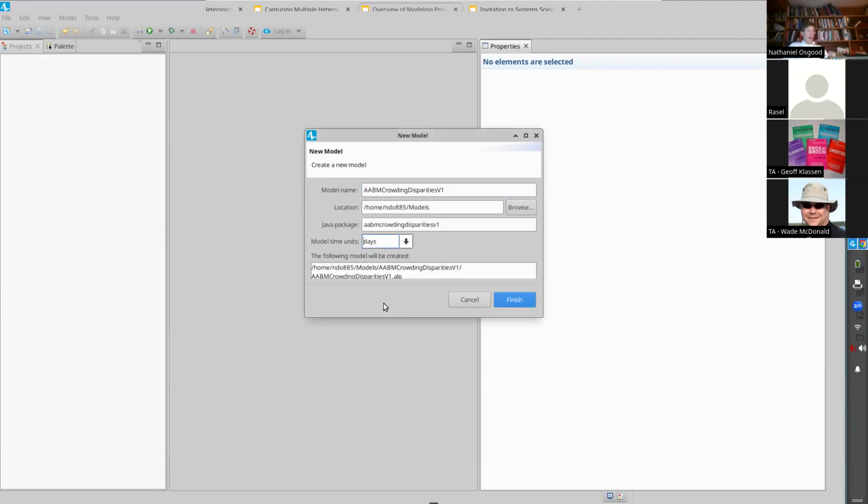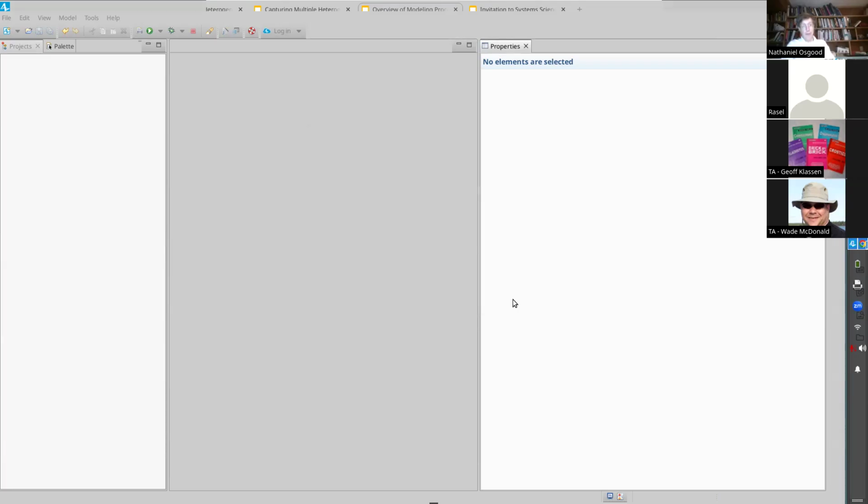So that means 1.0 amount of time, the timeout for a timeout transition, or 1 over the value of a rate transition, 1.0 would mean 1 day, not 1 year. Remember, it's not the smallest amount of time that the model moves forward. It's not like a little time step, a time tick. No. This is continuous time, but this is our meter stick or yardstick. Okay, so it's days. And we're going to say finish.